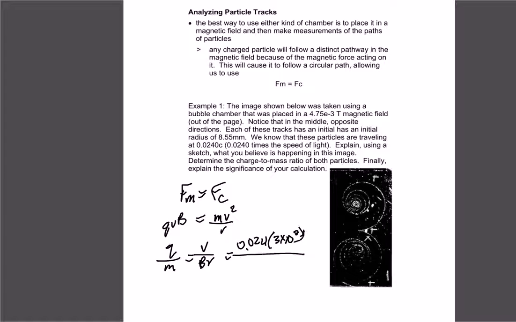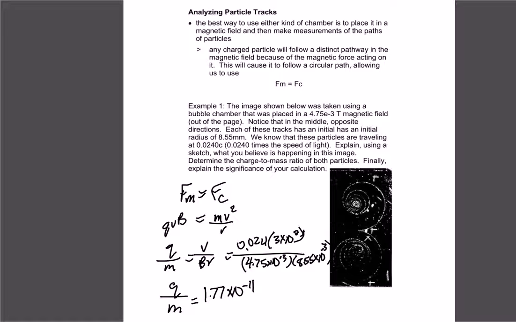Our B is 4.75 times 10 to the negative 3, and the radius is 8.55 times 10 to the negative 3. If we do that calculation, we see that the charge to mass ratio is 1.77 times 10 to the 11.